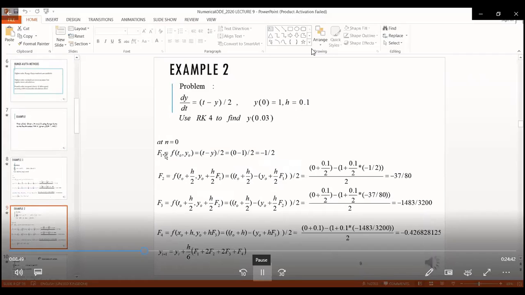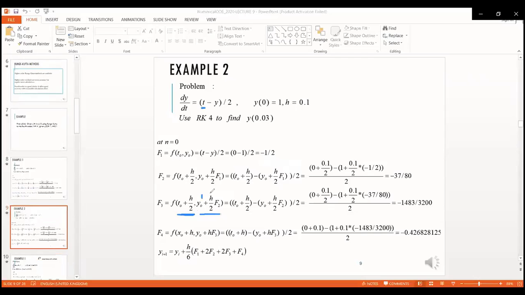That will be F3. So F3, like I said, you need the value of F2. In F3, this whole term is going to replace T in the equation. So that will be 0 plus 0.1 over 2 replacing T in this function. Then this whole term is going to replace Y. So Y naught we know is 1, plus H which is 0.1 over 2, and then F2, which we've calculated to be negative 37 over 80.